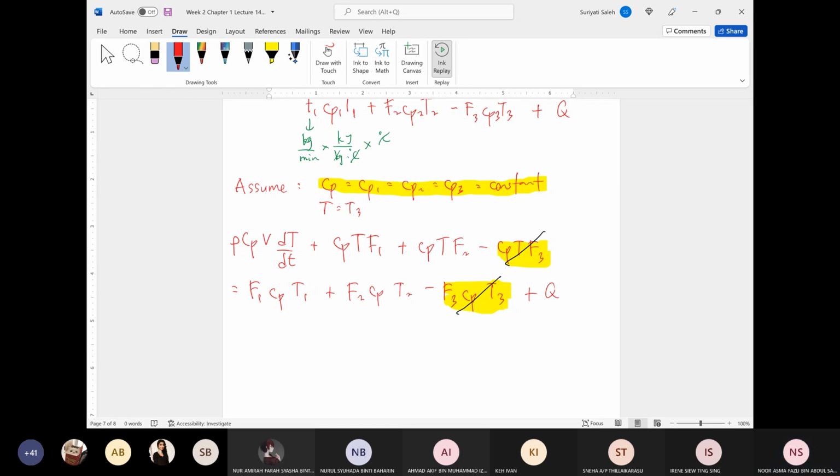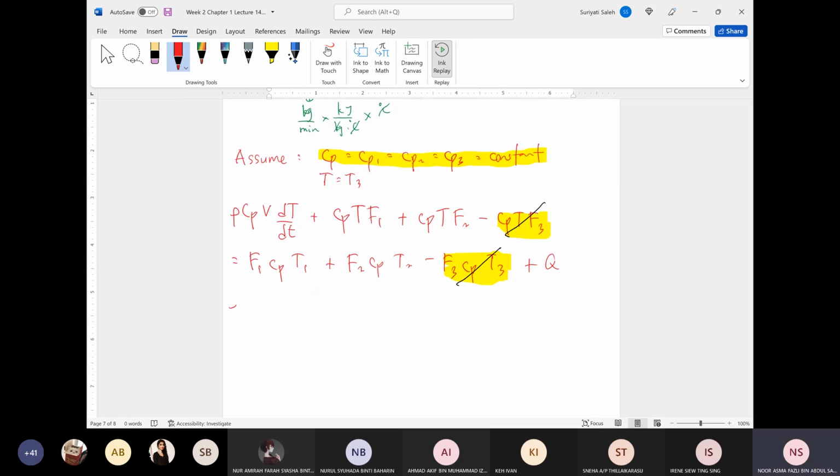So your equation, if we rearrange: rho Cp V dT over dt equals F1 Cp (T1 minus T) plus F2 Cp (T2 minus T) plus Q. So this is the result, or the outcome, from your energy balance equation.